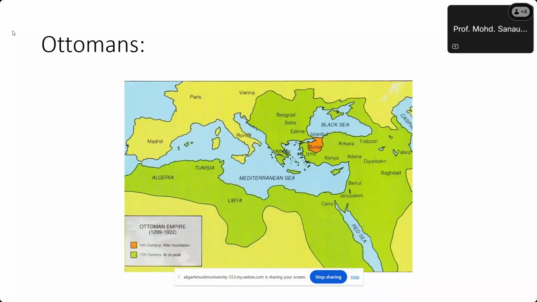So, what could be summarized in this perspective is that the Ottomans had ruled over a significant chunk of three continents: Asia, Africa, as well as Europe. So they had an empire that ruled over a very large, very significant chunk of geography, extended to three continents: Asia, Africa, and Europe.